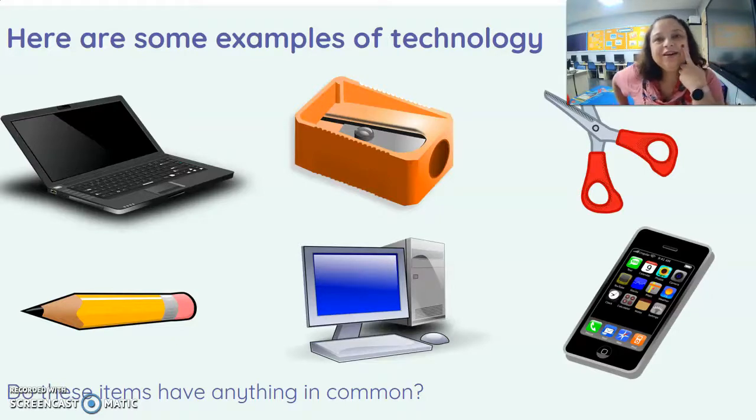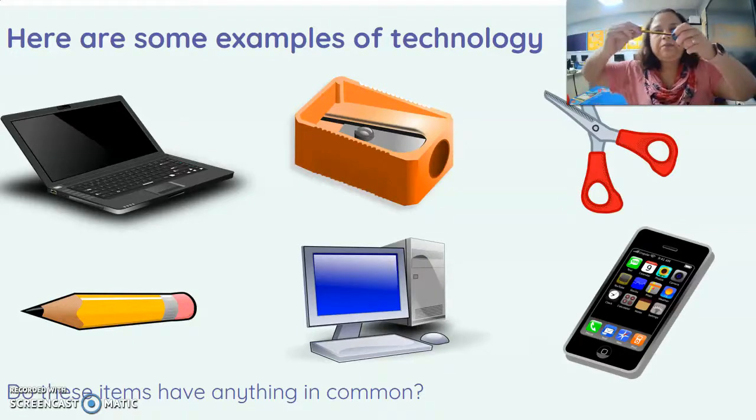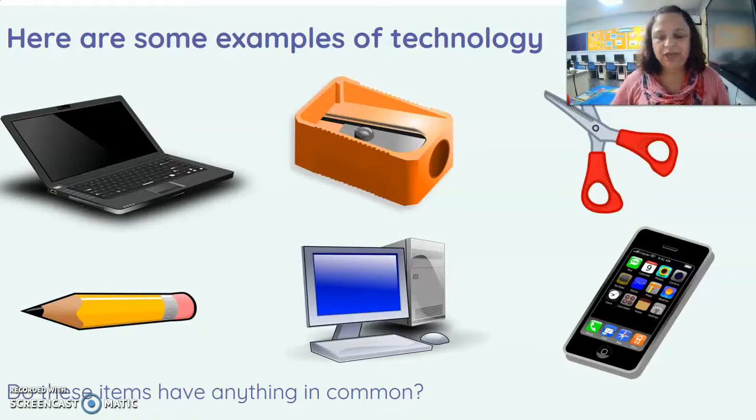And another thing is that they can help us. Very good. Another thing that's common about them, they all have a purpose. They all have a meaning. What are they done for? So the pencil sharpener is to sharpen the pencil. They all have something in common. Well done.